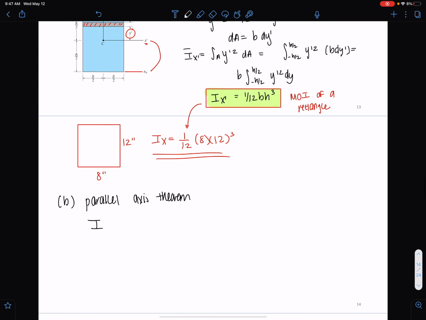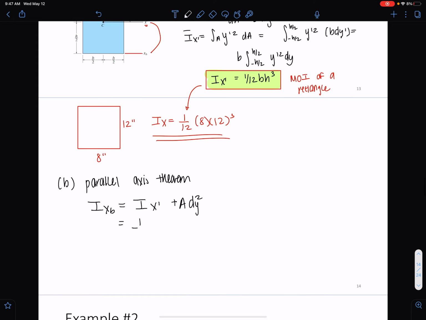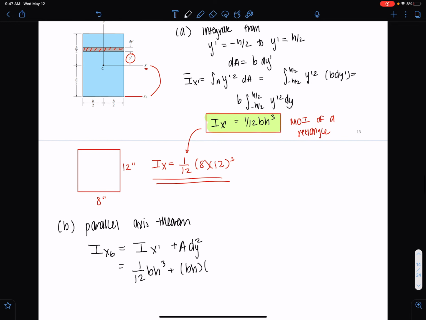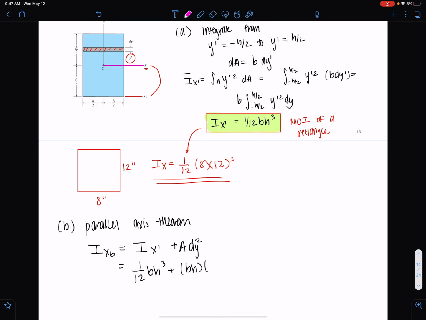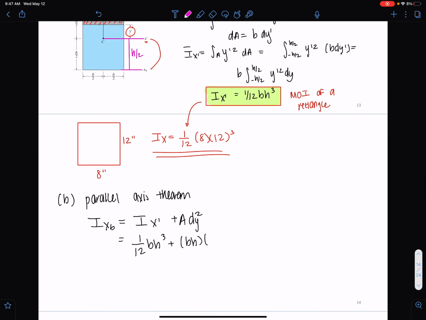So we can say that moment of inertia about this axis XB, which is parallel, is equal to the parallel moment of inertia plus A times the perpendicular distance squared. So we're going to use the 1 over 12 BH cubed plus the area BH times the y squared. What is the distance from this parallel axis to the next parallel axis? What's this distance? H over 2. That's it.